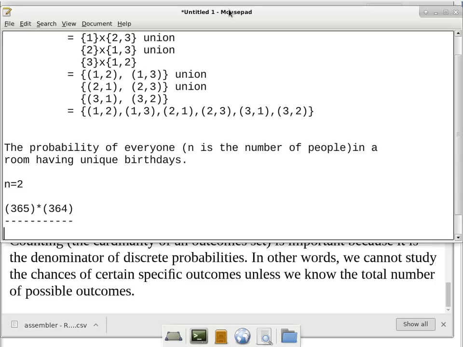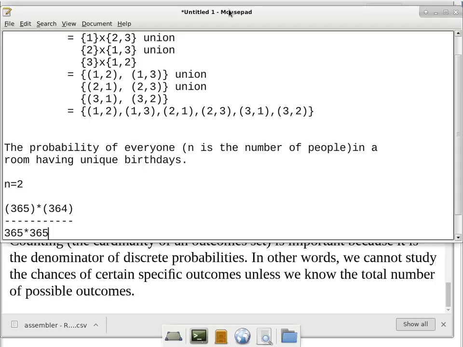If I don't care about uniqueness and I'm just asking how many ways can 2 people have birthdays, what do you think the answer should be? 365 for the first person, and 365 for the second person. Is that making any sense? So the ratio between these two numbers is the probability of two people in the same room having different birthdays.